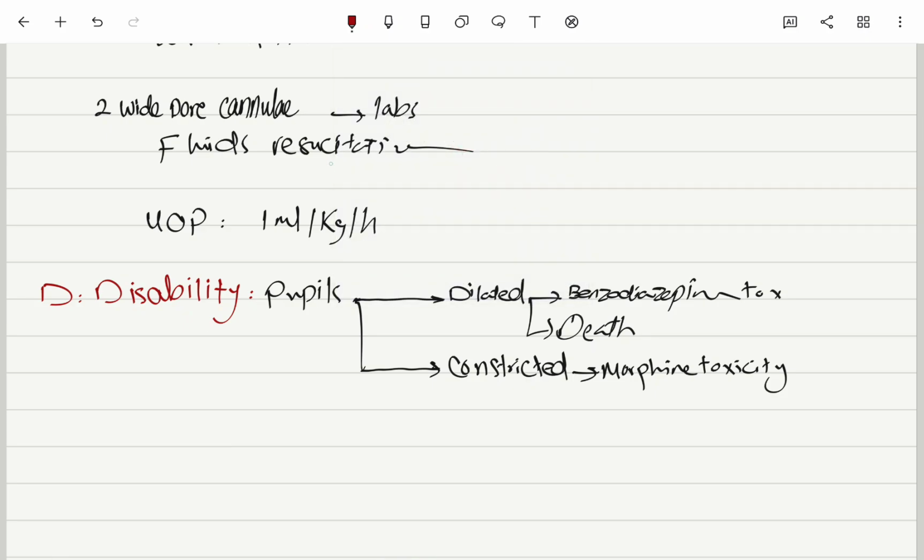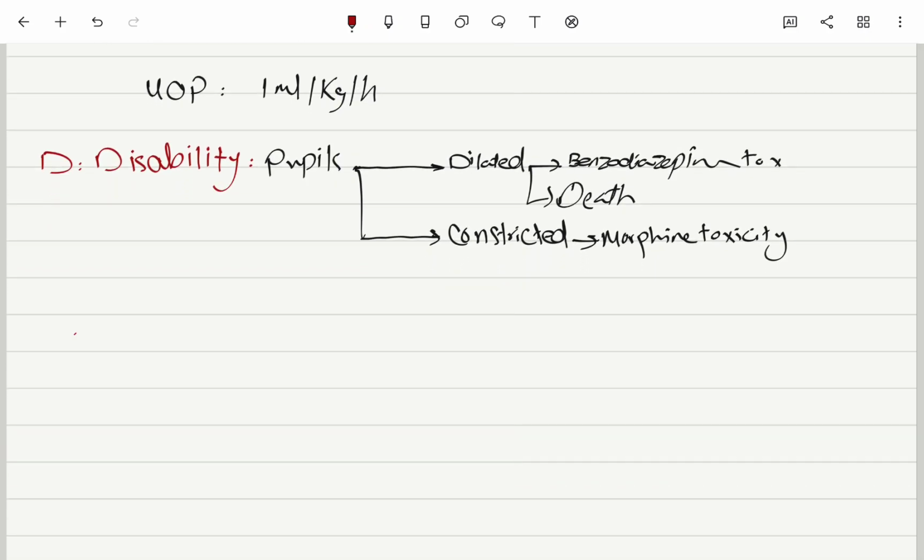Okay, finally, the E for exposure. If there is anything that may cause exposure to toxins, I will get the patient away from the source of the toxins.